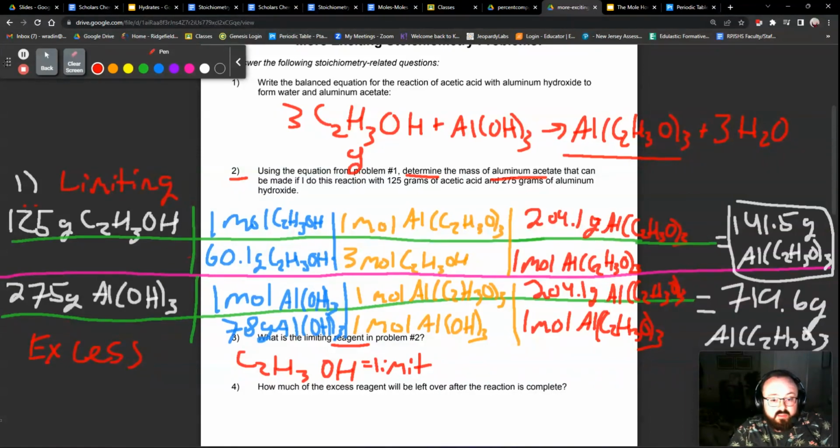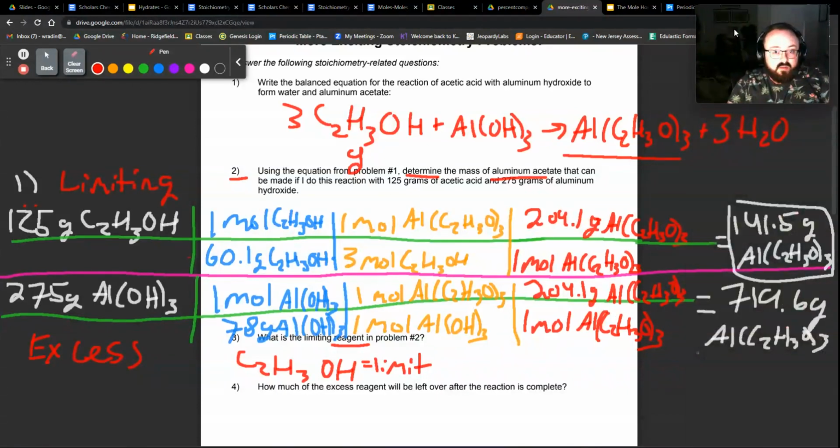So how do I do this? Well, I'm only actually going to be producing 141.5 grams of aluminum acetate. So what I need to do is see, if I only end up with this amount, how much of my excess reactant does that use? It's not going to be the full 275. It's going to be much, much less of that.